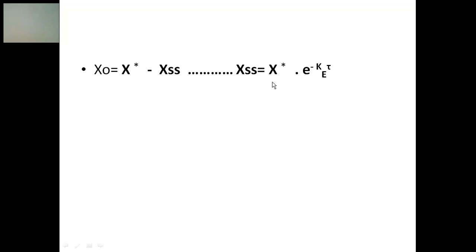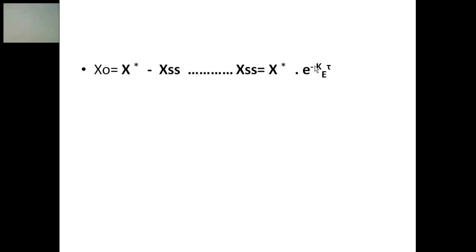So this equation can be written in a similar format to what we did previously for IV bolus. Previously we know x equals x naught e to the power minus Ket. In the similar way, here the amount of the drug which is present after elimination is xss. So xss, or steady state amount, equals the loading amount into e to the power minus k tau.